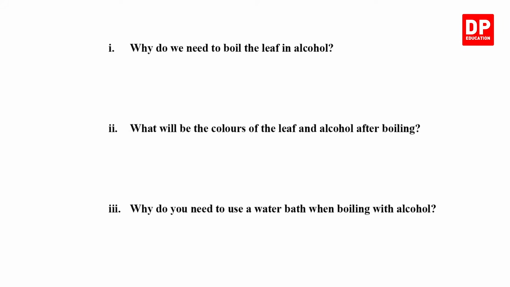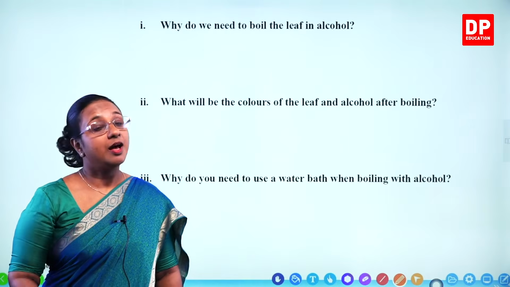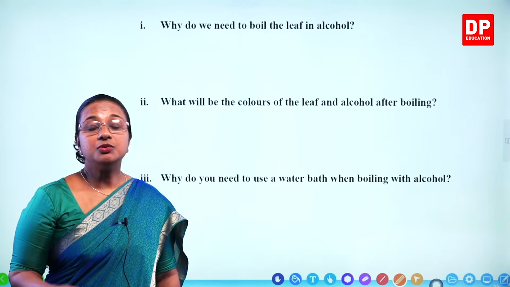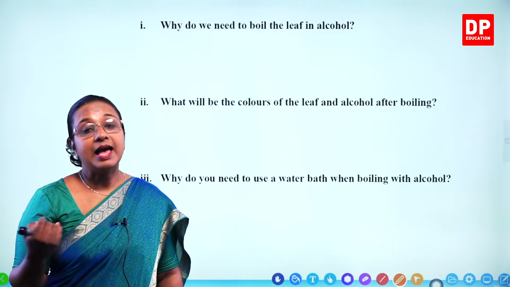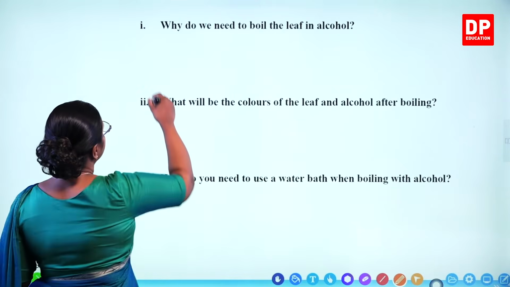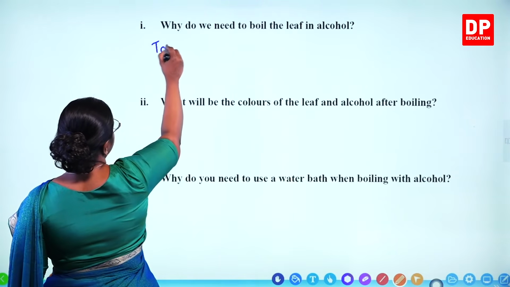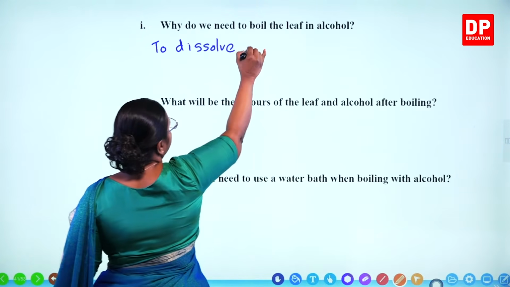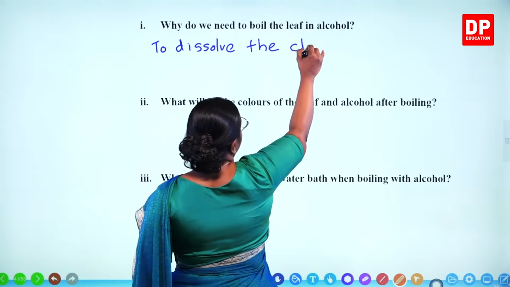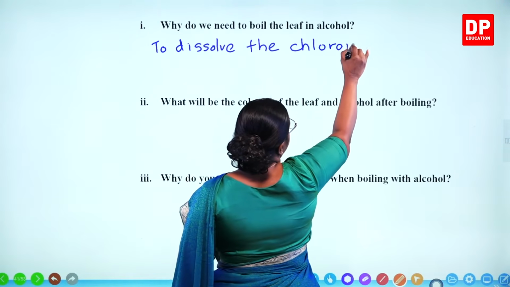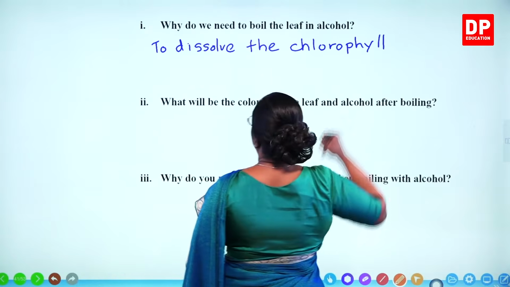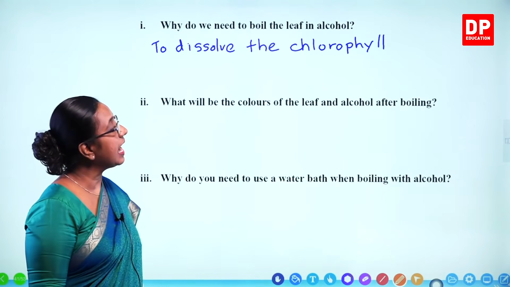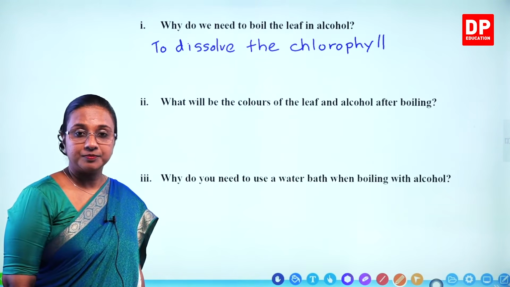Why do we need to boil the leaf in alcohol? I'm sure you know the answer to this question. In order to dissolve the chlorophyll and remove it. So here we can write the answer as to dissolve the chlorophyll. What will be the colors of the leaf and alcohol after boiling?